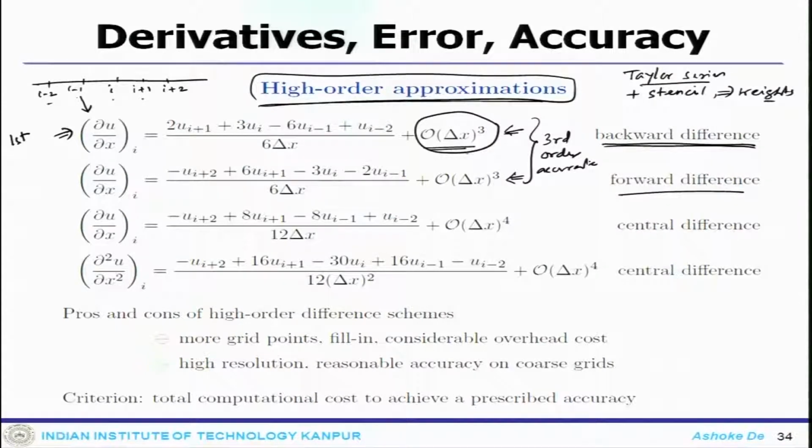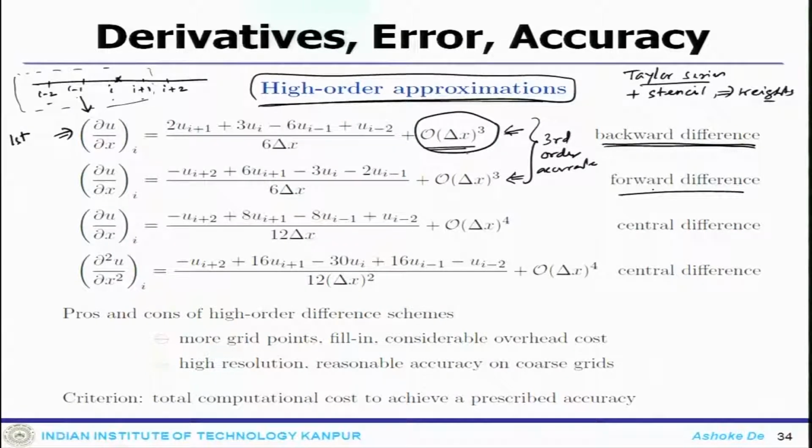Now, interesting to note here the number of points which are involved to find out this derivative. So, here we are interested to find out the derivative at location i, and using forward and backward difference scheme, the points which are involved. For backward difference, the points which are involved are essentially these 4 points, i+1, i-1, i-2.